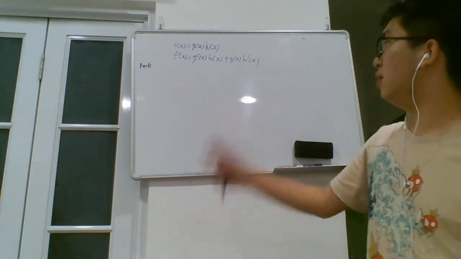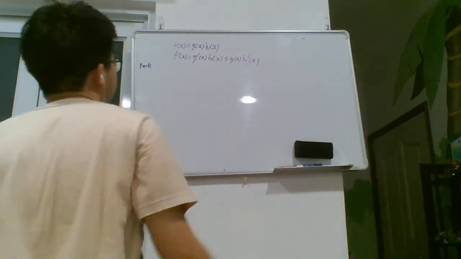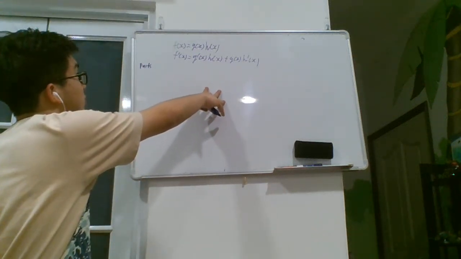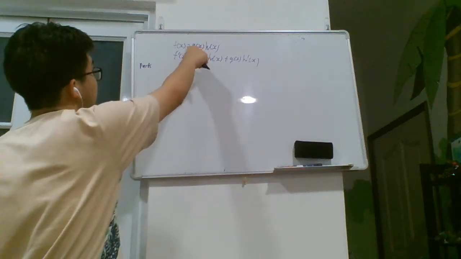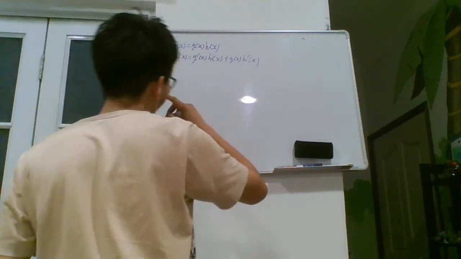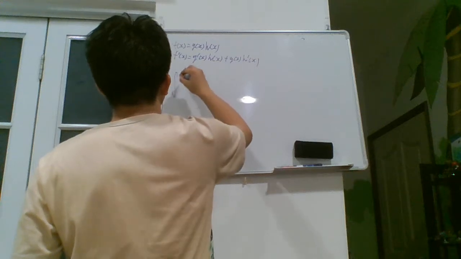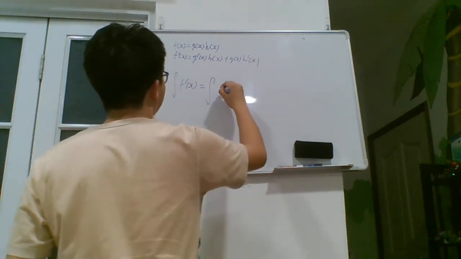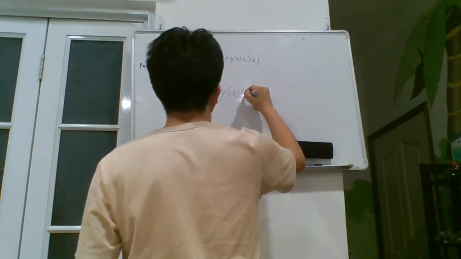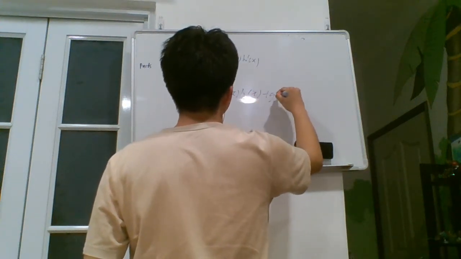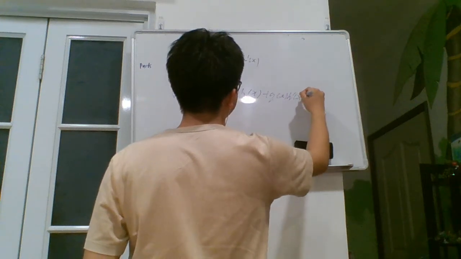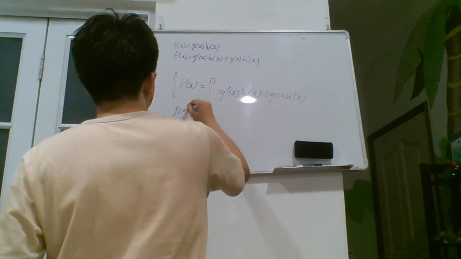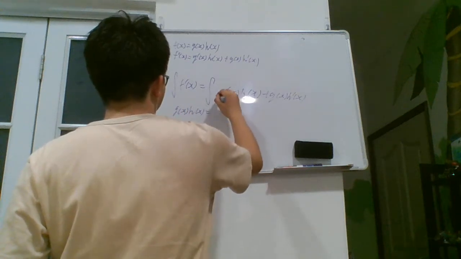So what integration by parts is, is that you're manipulating this. When you integrate f prime x, you have to integrate the other side too, and this will result in g x h x equals whatever this is.